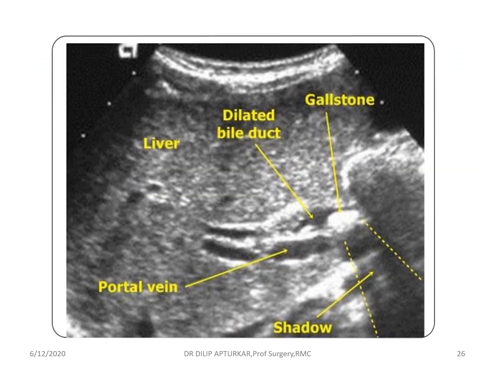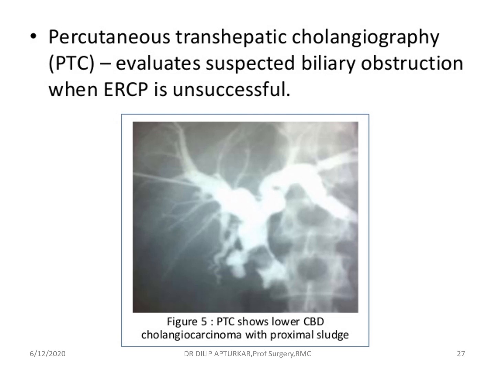This is an ultrasound picture showing a gallstone and dilated bile duct, the stone causing acoustic shadow. So PTC can evaluate suspected biliary obstruction when ERCP is unsuccessful. It is helpful in proximal obstruction of the bile duct.